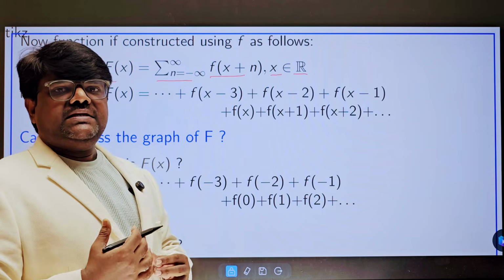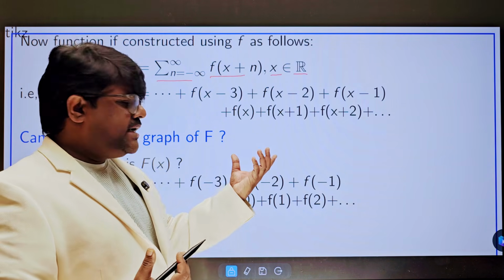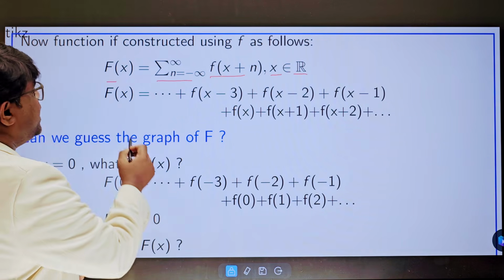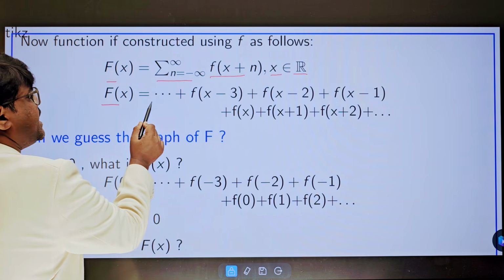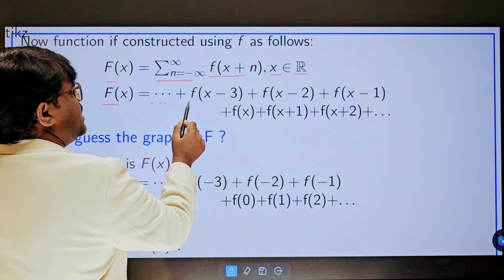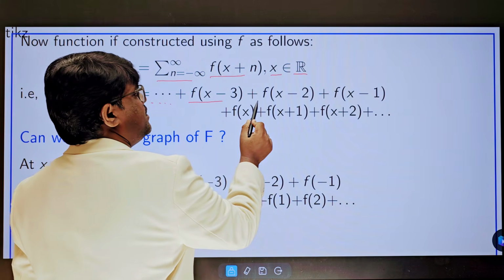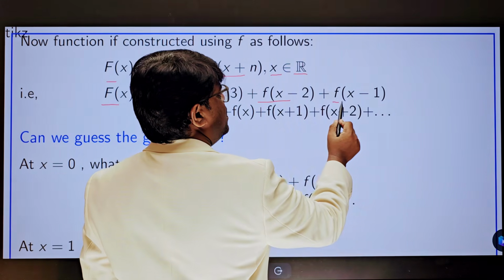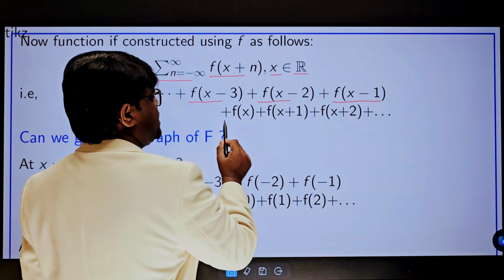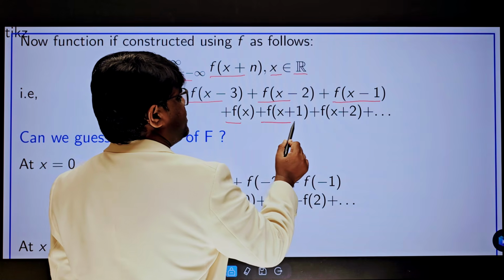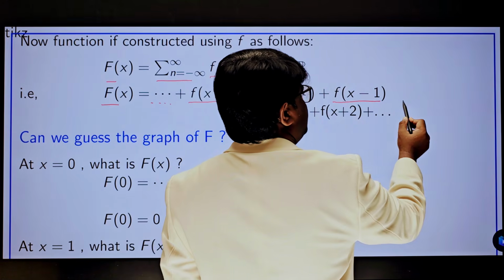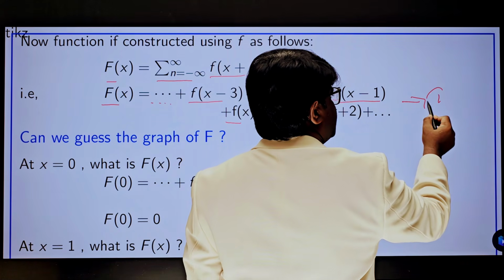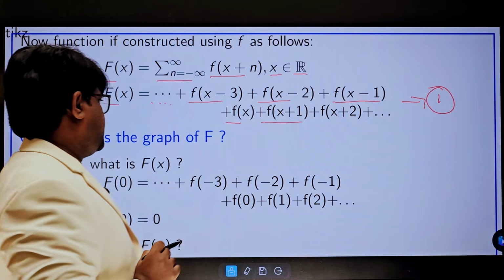For my convenience, I will write a few terms. That is, F of x equals dot dot so on plus f of x minus 3 plus f of x minus 2, f of x minus 1 plus f of x plus f of x plus 1 and so on. Call this equation number 1.